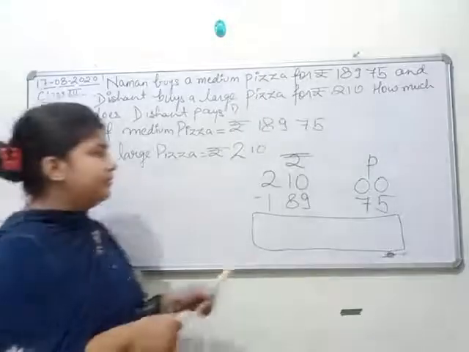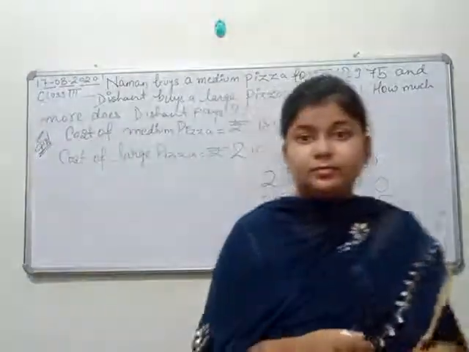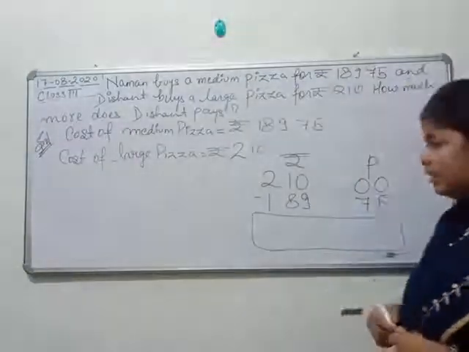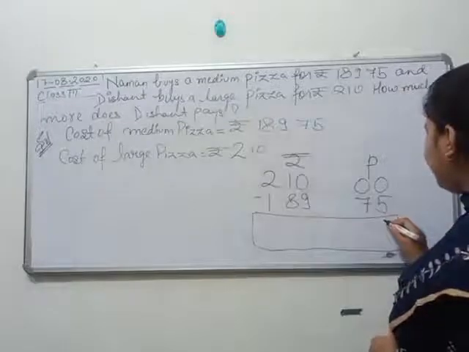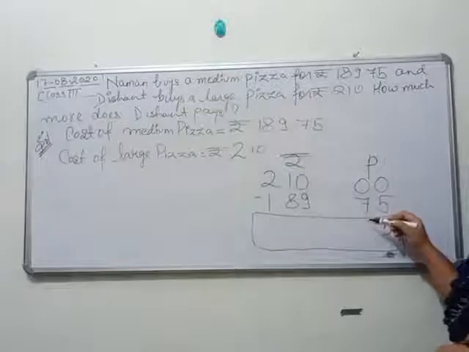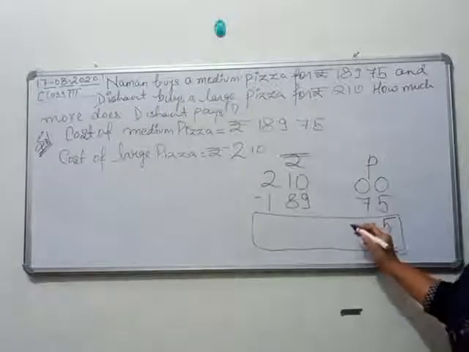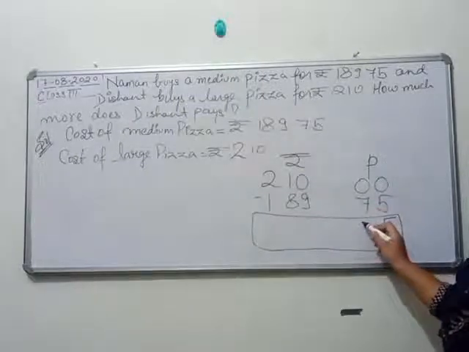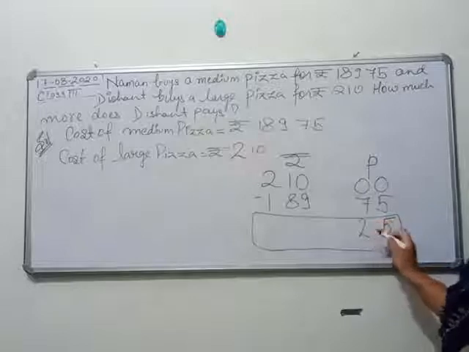Start from this place. Okay, now 10 minus 5 we will get 5. 9 minus 7 we will get 2.